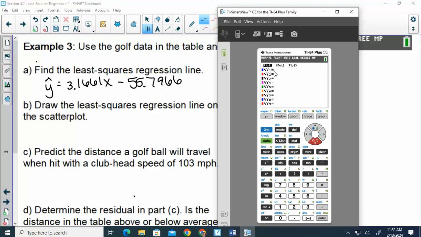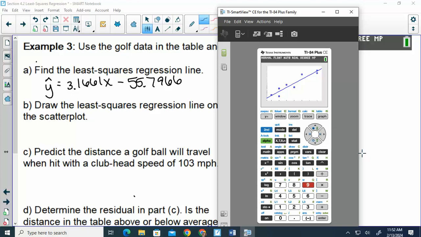And then for my first equation, I'm going to type in this line, 3.1661x, and if we do zoom number 9, remember that takes us there, so we should see our scatter plot and the line, and we can see that it's a pretty good line for the data.